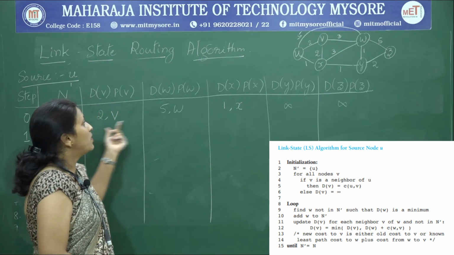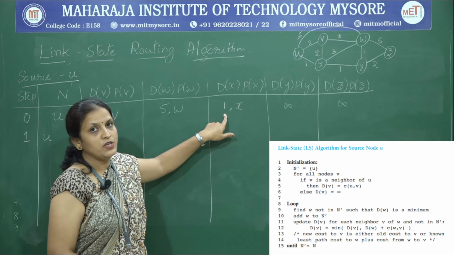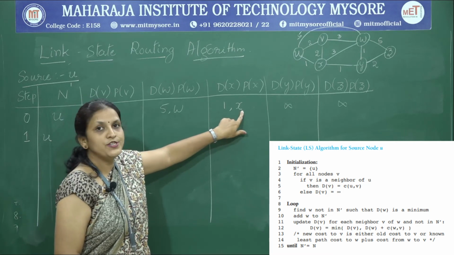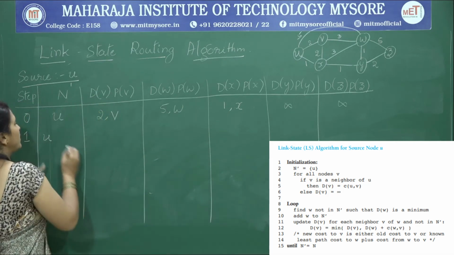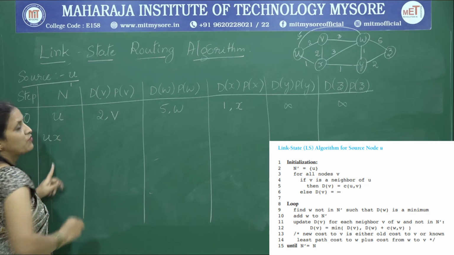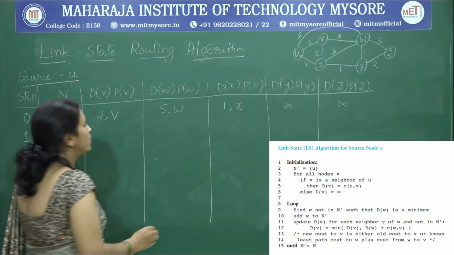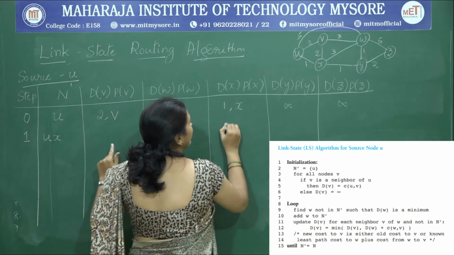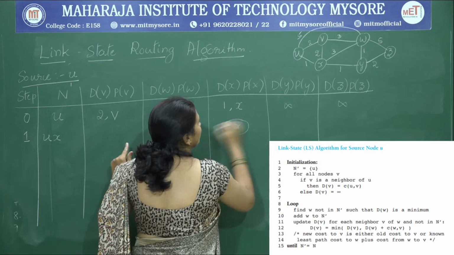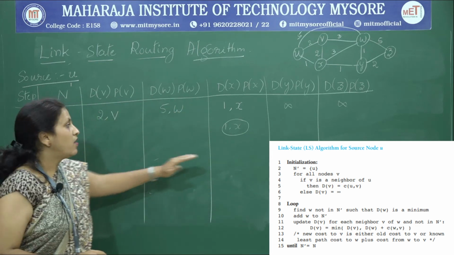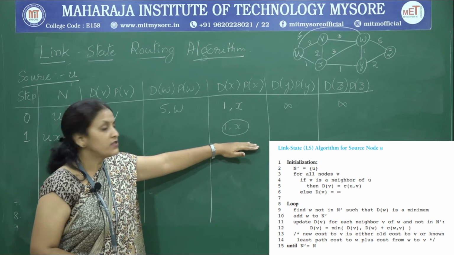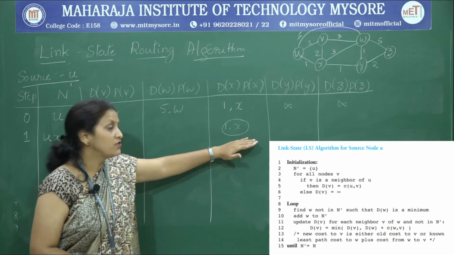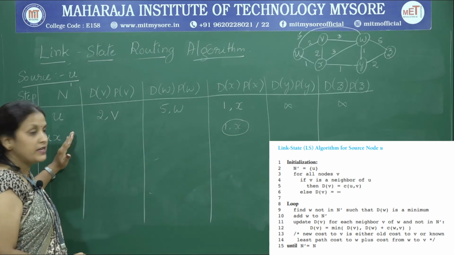Which is minimum among them? 1 is minimum. So, we are going to push x to our N dash, the set of vertices. So, this is finalized. Now, d of x for this particular node is finalized. We pushed it to this N dash.